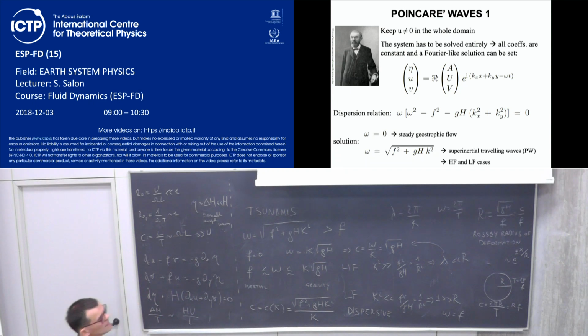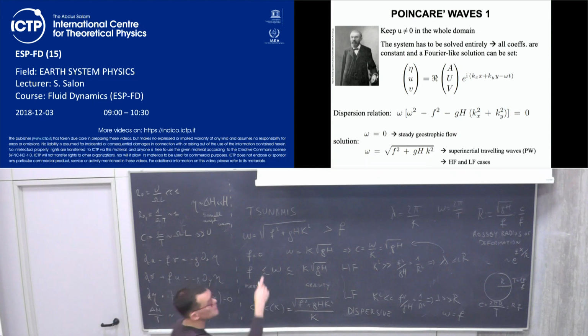Why this? Because they are very fast. If you look at the tsunami wave, the oscillation of the flow is not bigger, but the velocity of propagation of the disturbance, which is created by an earthquake over the bottom, is very fast.